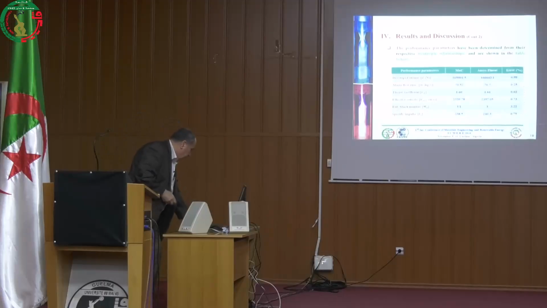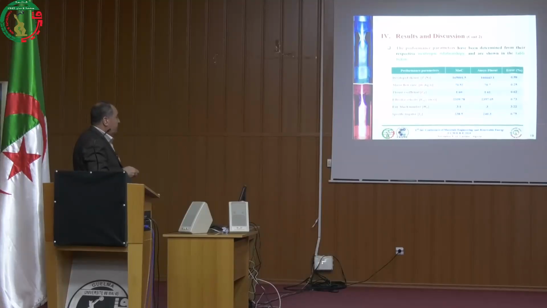Sorry, my student made this, I haven't made it. We have also made a comparison in terms of performance parameters. The performance parameters mainly are the thrust and the mass flow rate. Actually, we cannot say that the mass flow rate is a performance parameter.